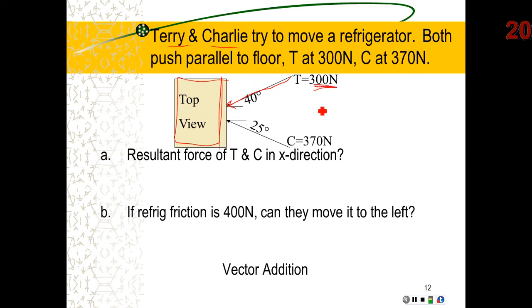And the angle that he's pushing at is 40 degrees from the horizontal. This is just like having a right triangle with a 40 degree angle, and the hypotenuse is 300 newtons. And so you could find the X side, you could find the Y side of Terry's force.